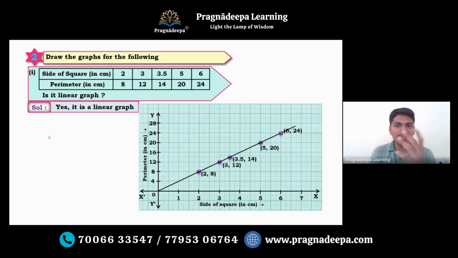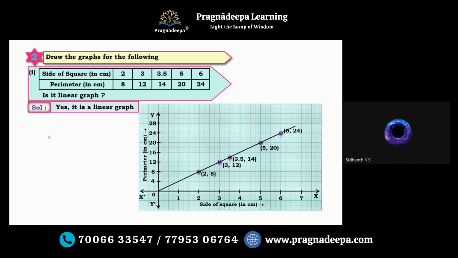In simple language, if all the points marked on the graph are on the same line, then the graph is called a linear graph. If you want to avoid using the word collinear. Yes, sir. Understood.